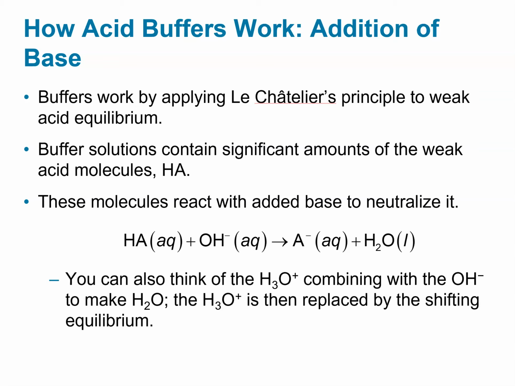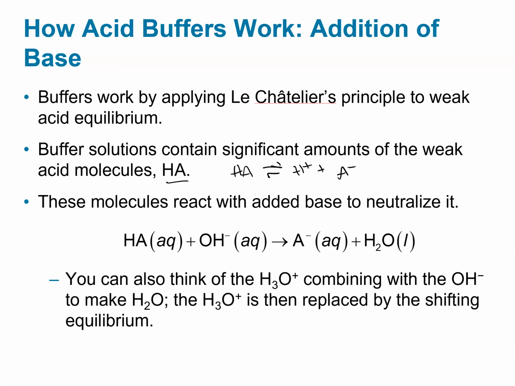So if a buffered solution contains significant amounts of weak acid molecules, generically HA, where this is our generic weak acid, where HA spontaneously dissociates into acid plus conjugate base.